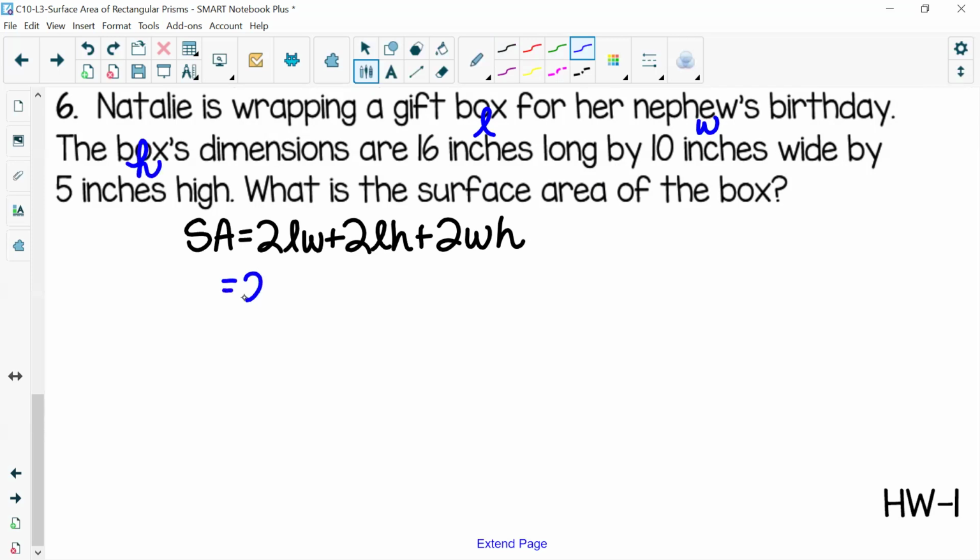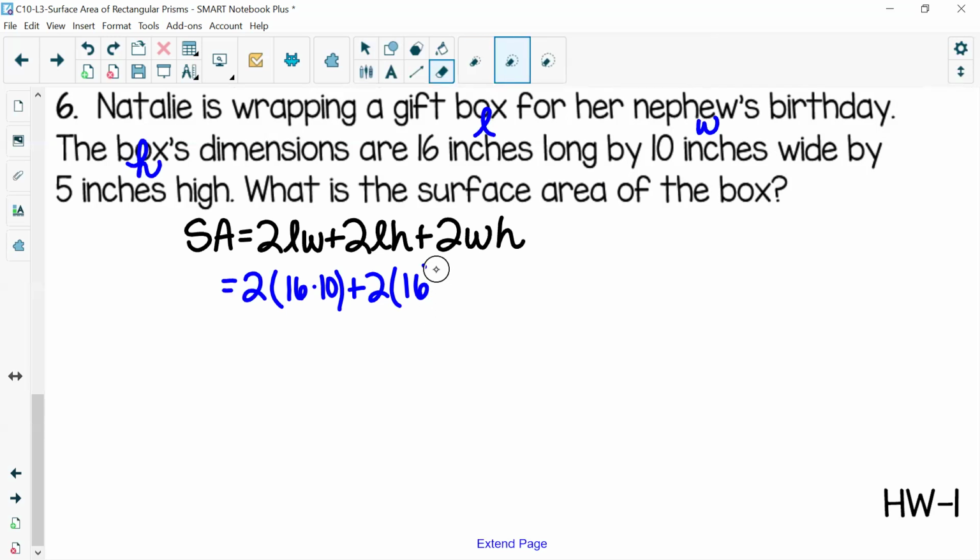All right, so we have 2 times the length is 16 and the width is 10 plus 2 times the length is 16 and the width is 5 plus 2 times the width is 10 and the height is 5.